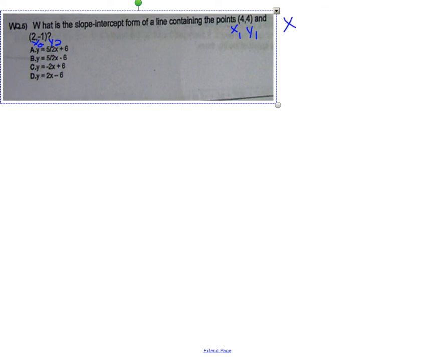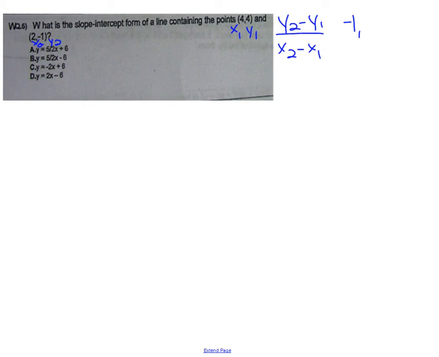So then we have our formula for slope that says the change in y over the change in x. So y2 is negative 1, minus 4, over 2 minus 4.